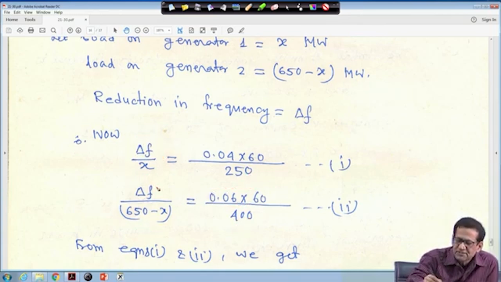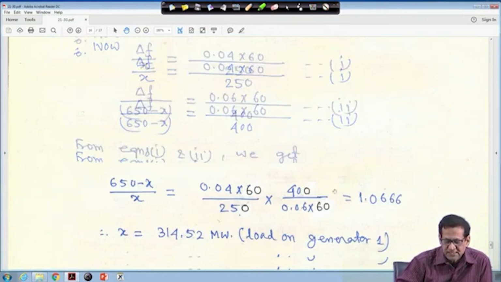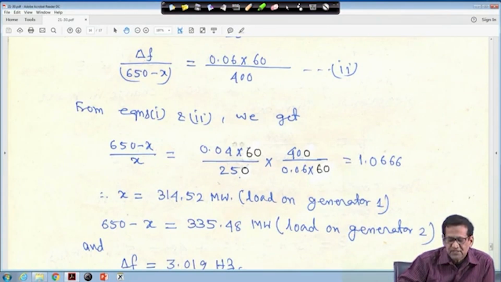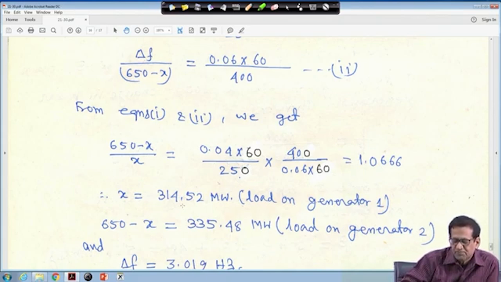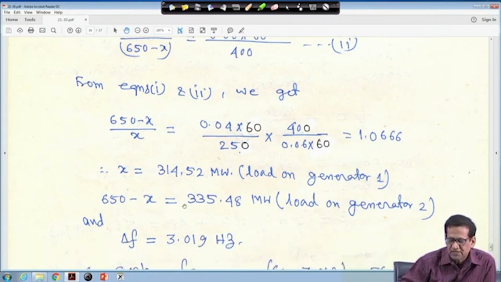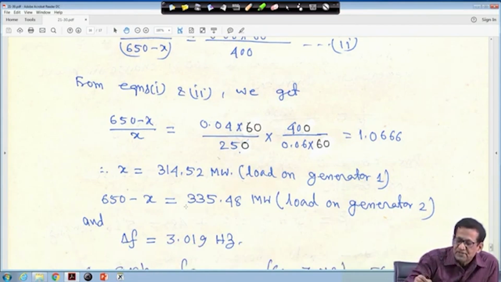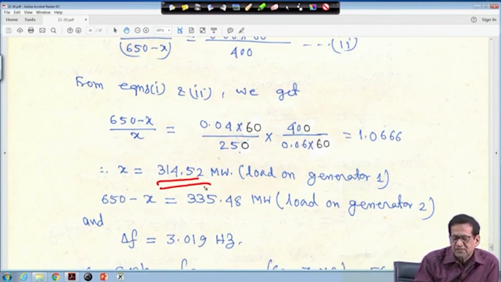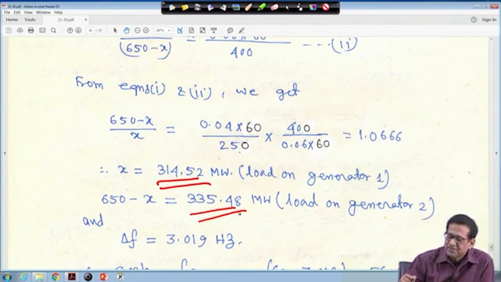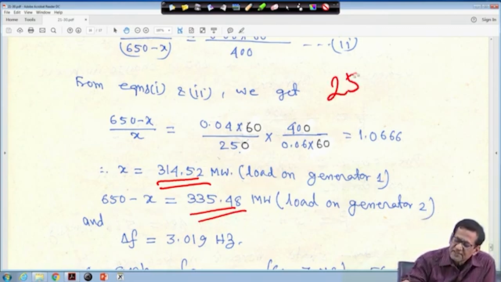If you solve these two equations for x, you will get x equal to 314.52 megawatt. So generator 1 is 314.52 megawatt and generator 2 is 335.48 megawatt. But generator 1's rated capacity is 250 megawatt.